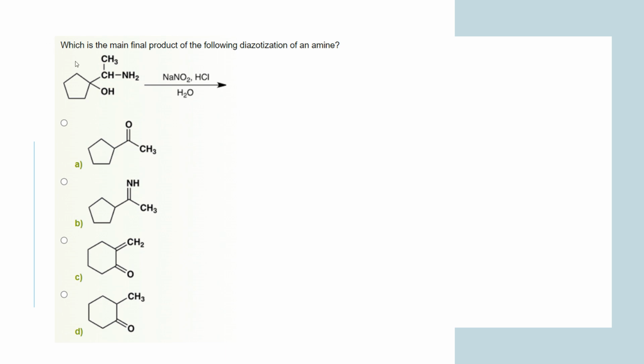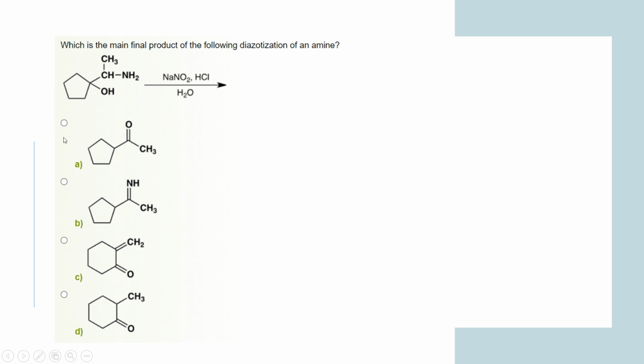Okay, so since it is a cyclic substrate, you will observe ring expansion, and if we shift this alkyl group, you will now get another ring which will have 1, 2, 3, 4, 5, 6. The ring will now have 6 members, and you will have a keto group, and in the previous alpha carbon you will have a methyl substituent.